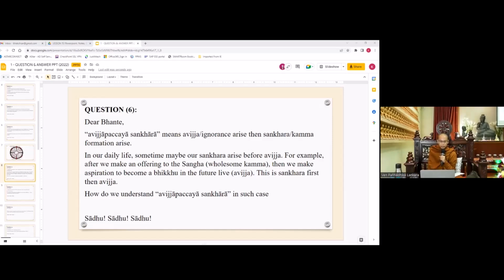Also, we can consider it as in the past already. So, based upon the power of avijja, that aspiration to become a bhikkhu arises. Due to the aspiration, the sankhara, karmic formation, is done. So that's why the former avijja already exists.